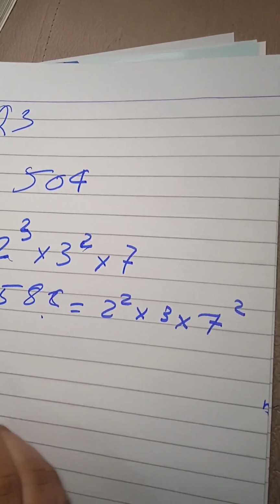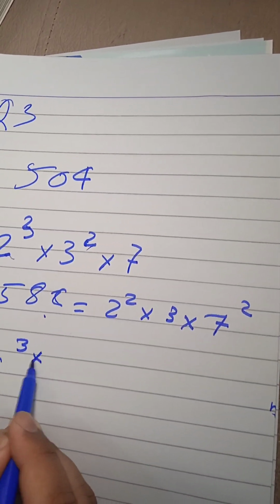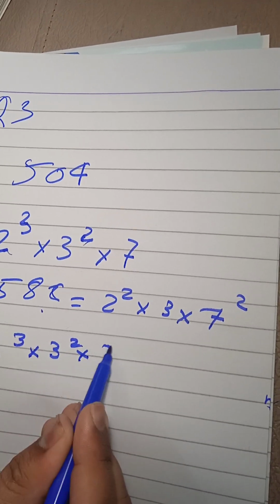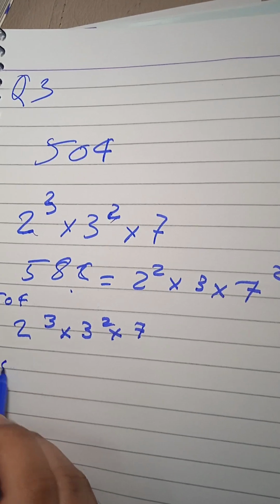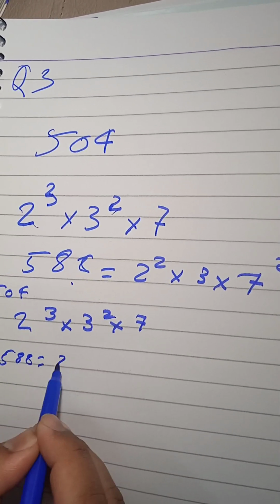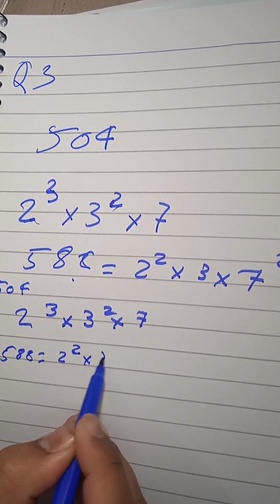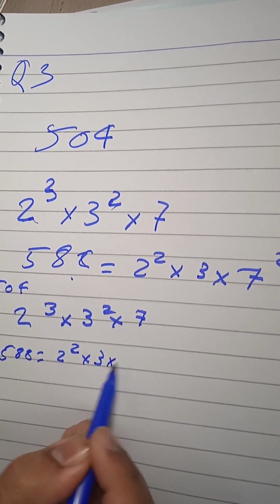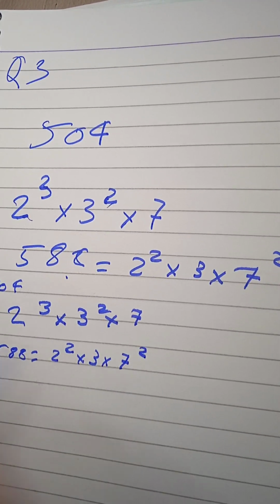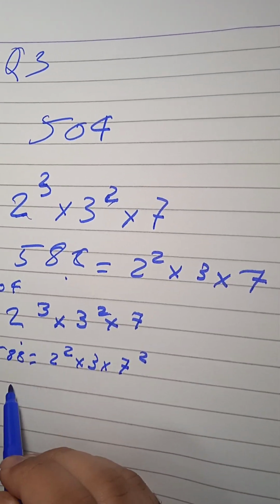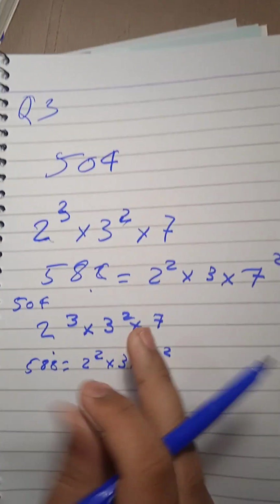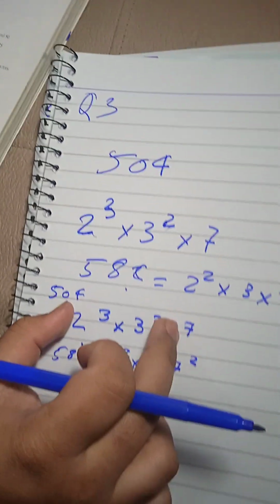In this method, this is another way to solve. The factors of 504 and 588 are given in this form.